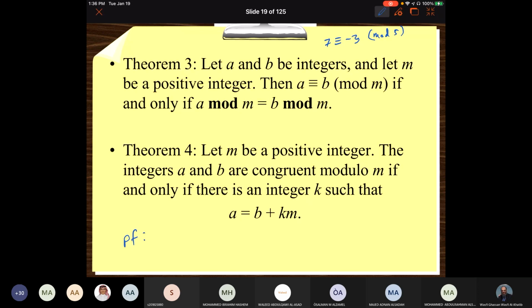What's the definition of A and B being congruent mod M? A is congruent to B mod M if and only if M divides A minus B, right? So what does it mean that M divides A minus B?